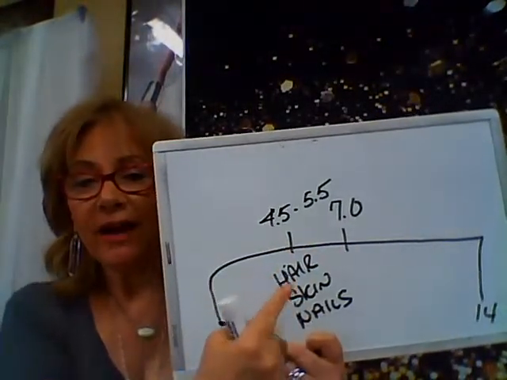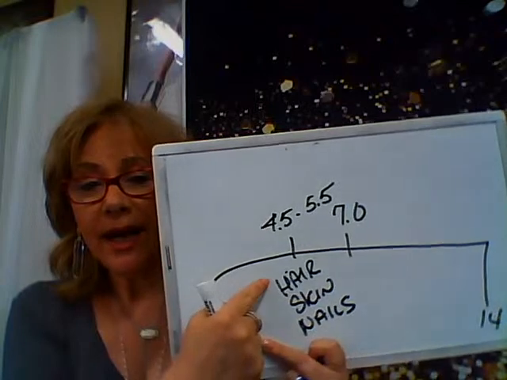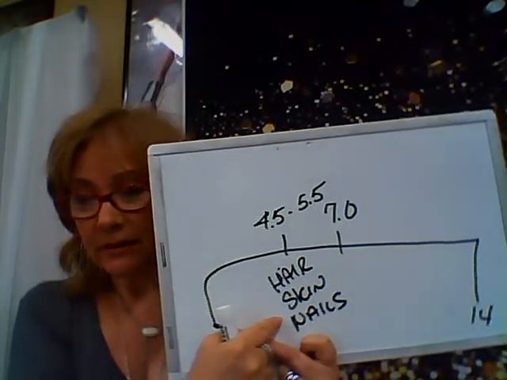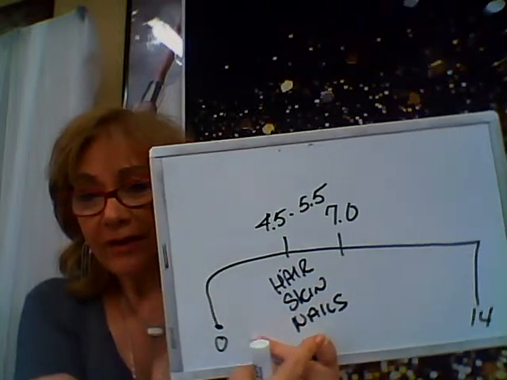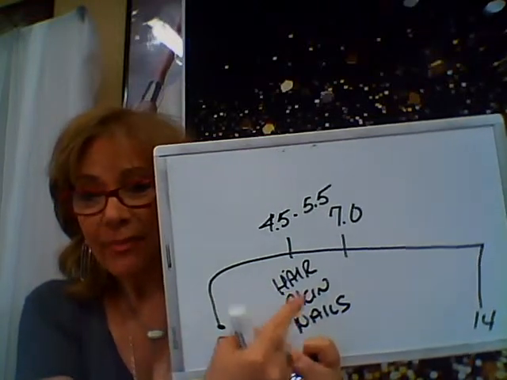4.5 to 5.5 on the scale is considered hair, skin, and nails. And this 4.5 to 5.5 is considered acid balanced. I'm gonna write that word down.